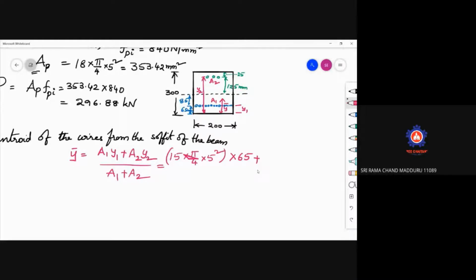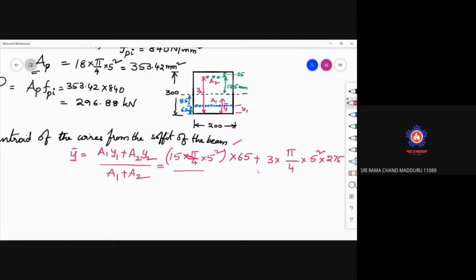Plus a2: there are 3 bars, so 3 into pi by 4 into 5 square into y2. Now tell me what is this y2 distance? 275. How did you get that? Y2 is the total 300 minus 25 from the top, since from the soffit of the beam we are calculating. So that's why this is 275.